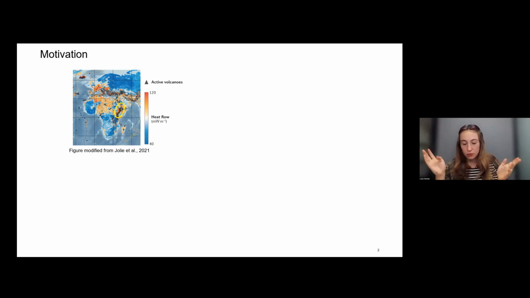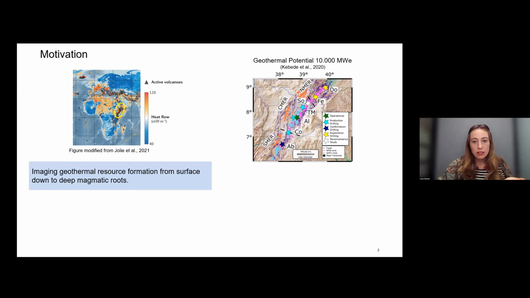And because of that, of course, we have a lot of magmatic activity and heat flow. So this makes up for a perfect environment for geothermal resources. And in Ethiopia, where I think in 2017, still 45% didn't have access to electricity, this is, of course, a thing one would need to look into.